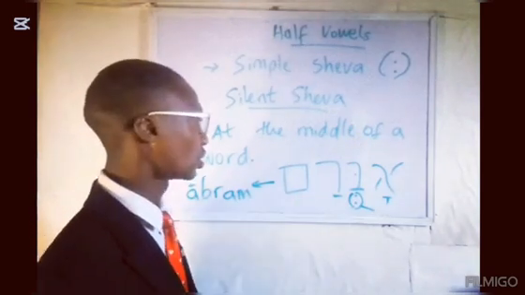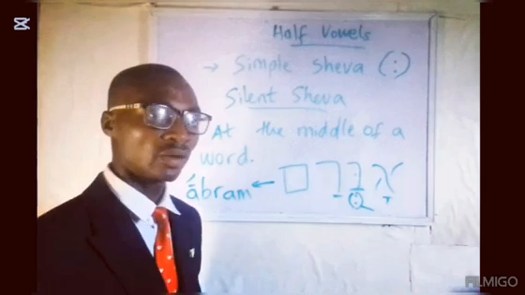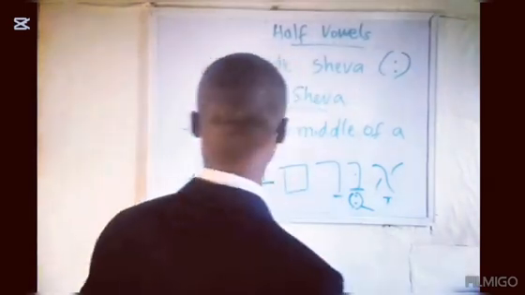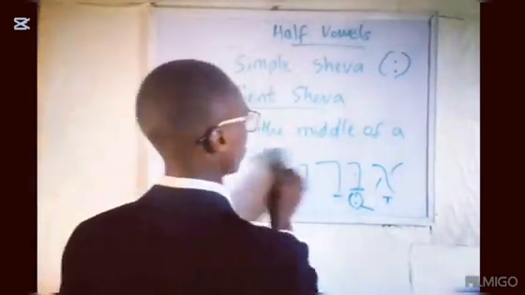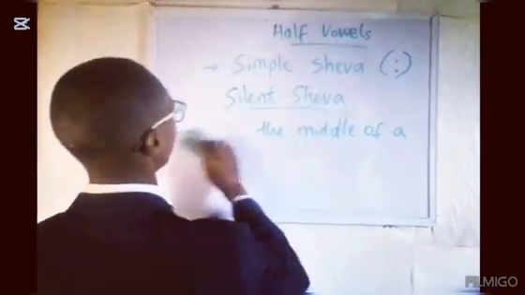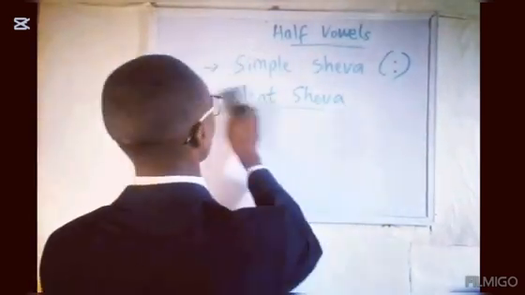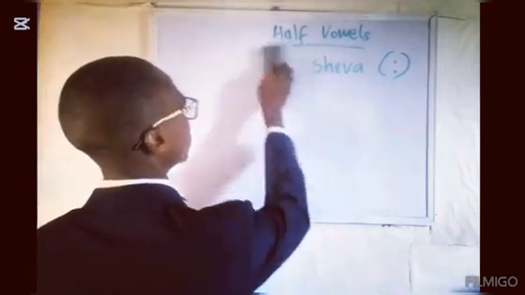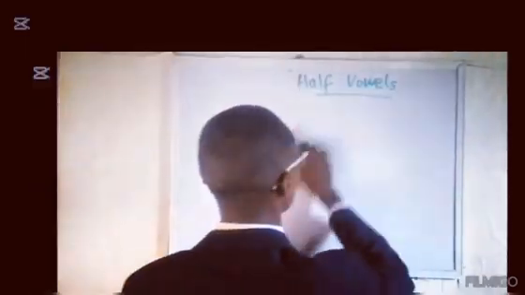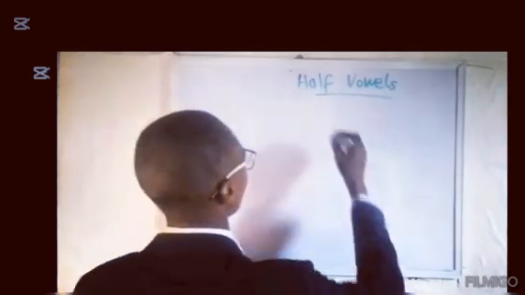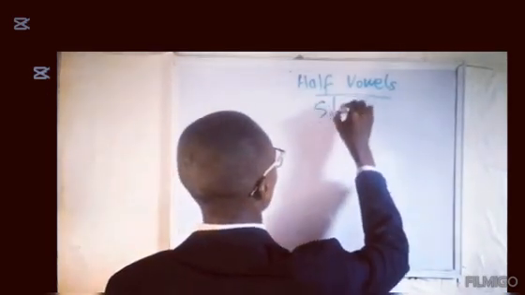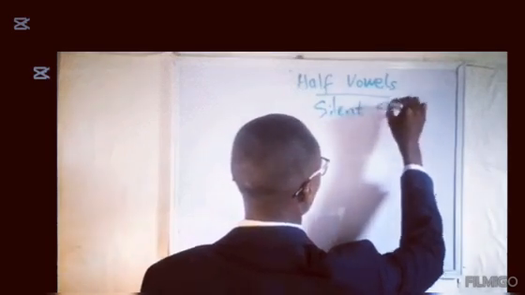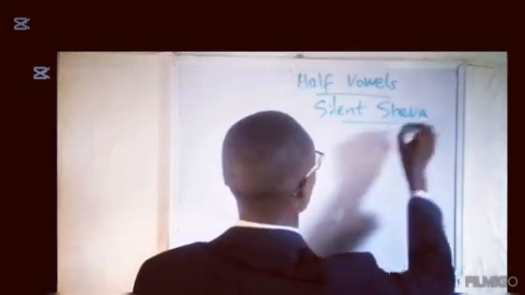Now let's check two other ones before moving to the vocal sheva, still under the silent sheva.